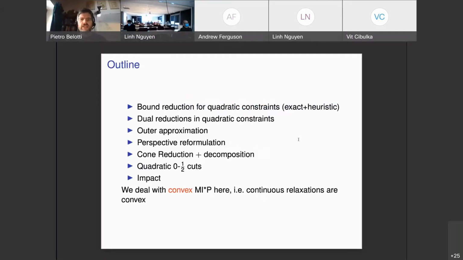So the outline is a bit crowded, but that's because, as we'll learn pretty soon, a solver for general quadratic optimization problems with possibly discrete variables is a bag of tricks, and this is similar to what happens for mixed integer linear programming, where one single method doesn't do everything.